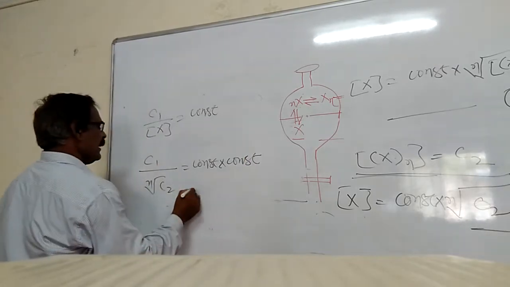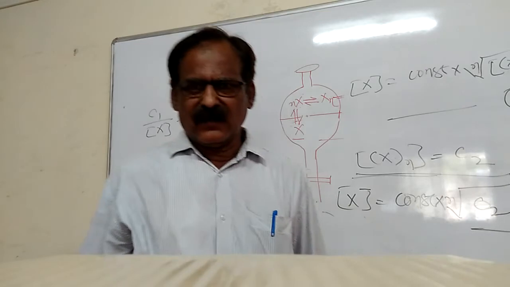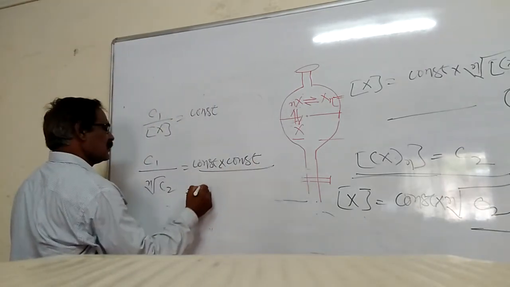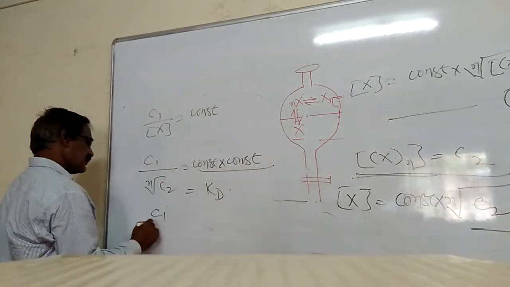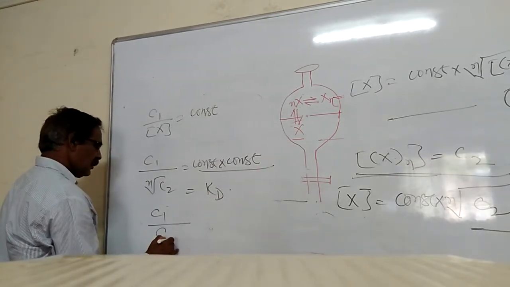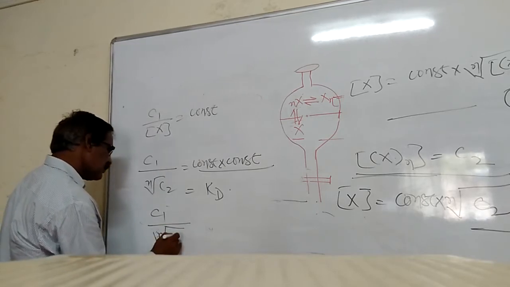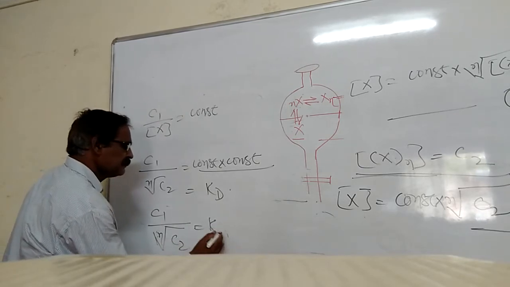So let us have another constant for this, K D. So at last, we get C1 upon the n-th root of C2 is equal to K D.